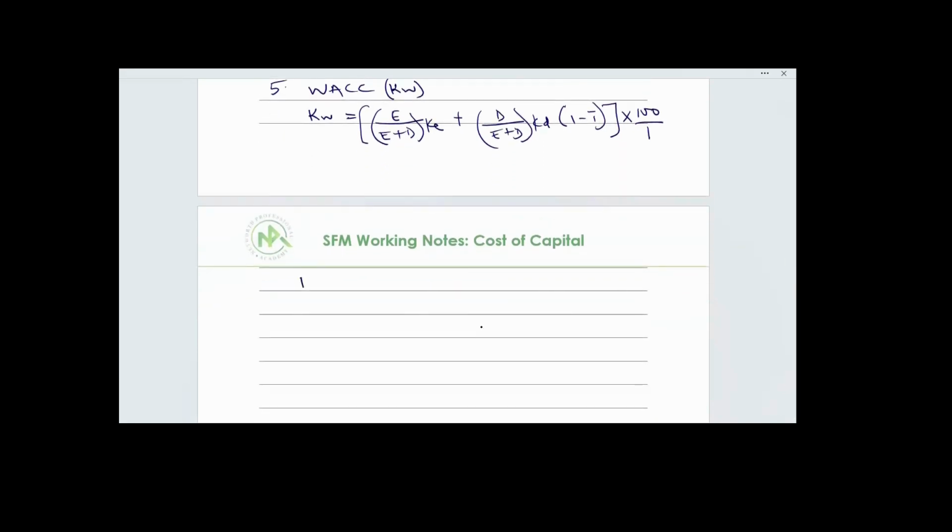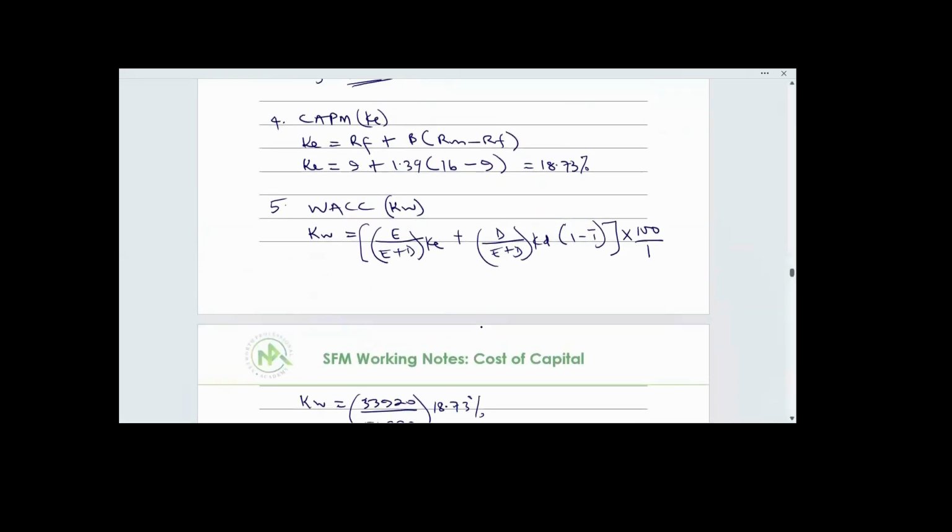Therefore, KW equals equity value. We have calculated equity value to be 33,920, divided by the total we got, which is 51,320, multiplied by cost of equity of 18.73%.